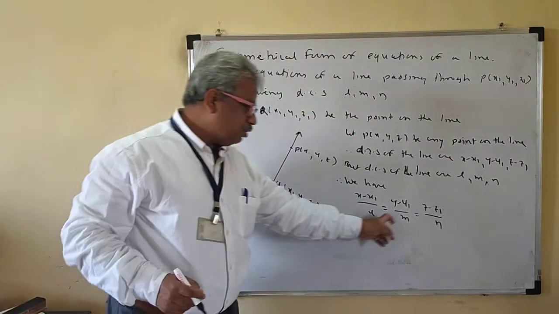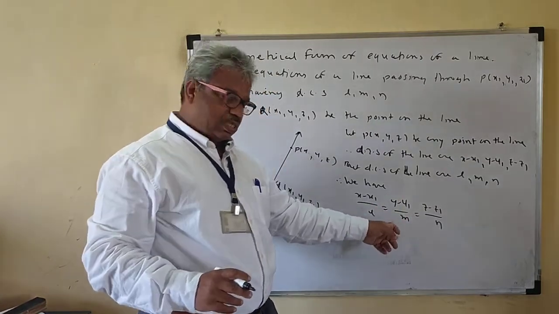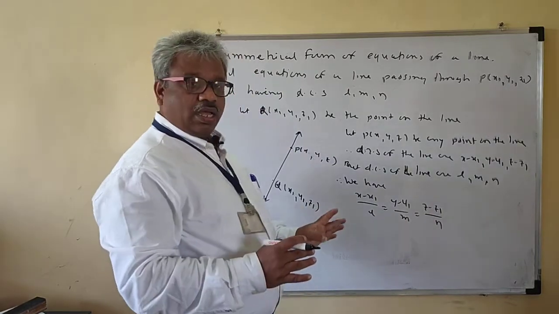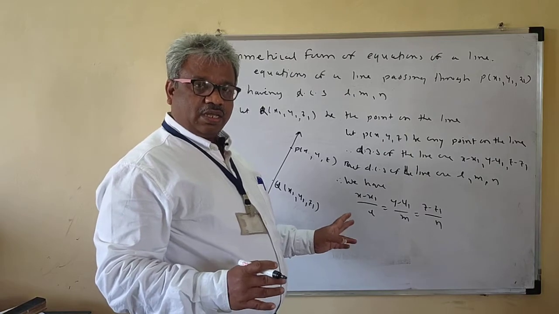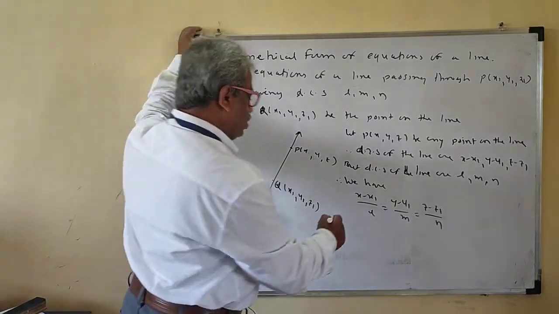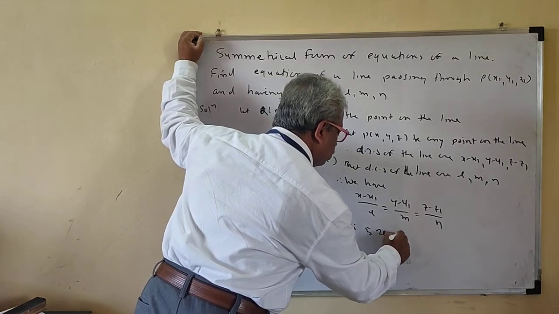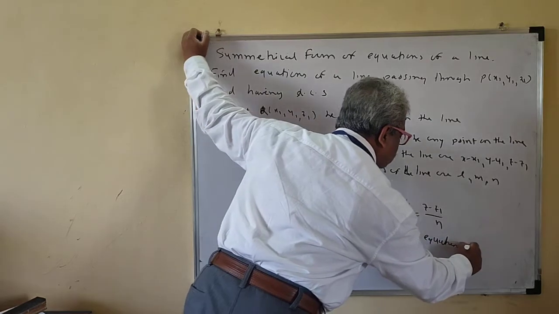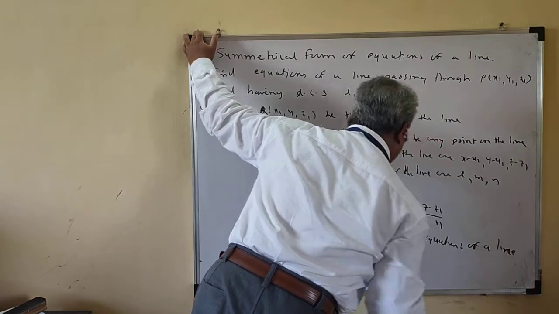If you consider the first with the second, and the first with the third, we get linear equations in x, y, z. That means first degree equations in x, y, z, which represent planes. So these are the required equations of a line.